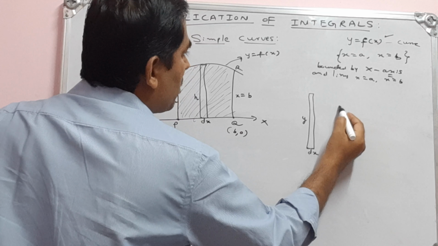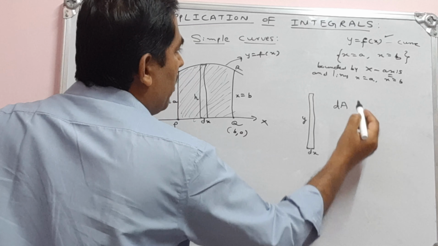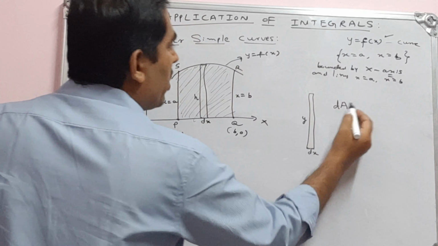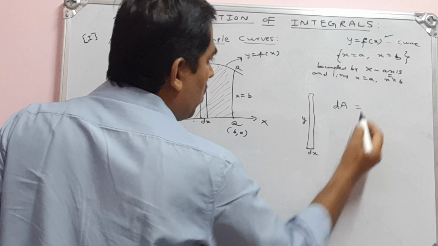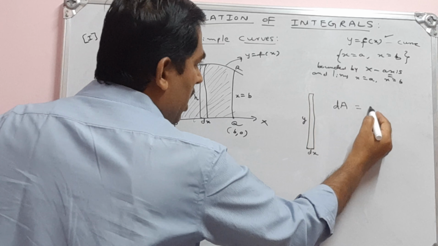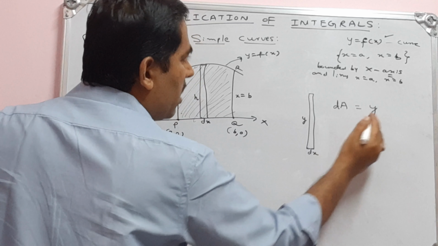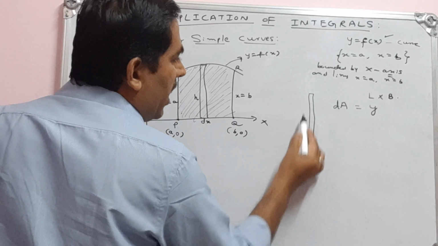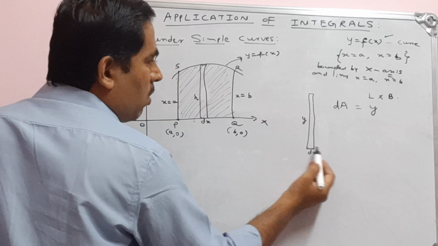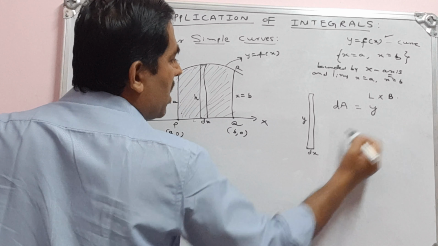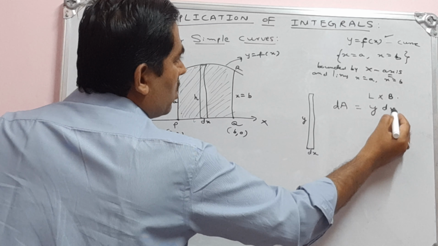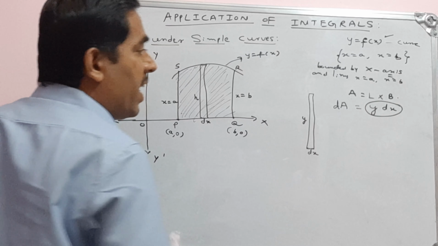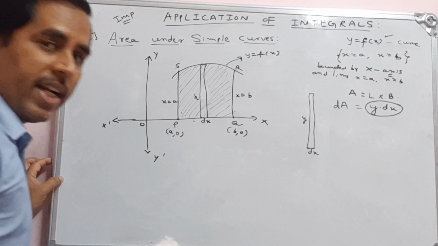So I will write the area as dA. Area is equal to length into breadth, or width. Length is y and the width of the strip is dx. Multiplying these two, I will get this area, that is y into dx.